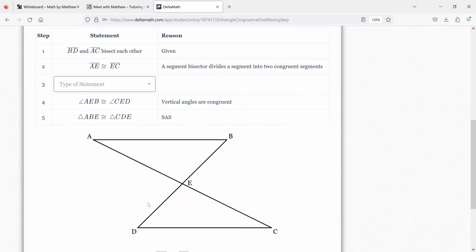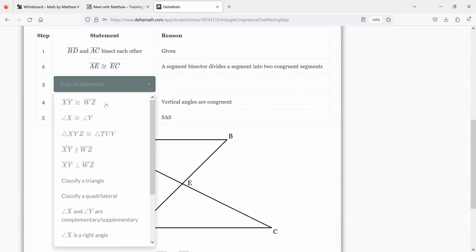We know for sure that DE and EB are congruent because AC and BD bisect each other. And because it's a side angle side proof, we need to show that two sides are congruent and one angle is congruent. We have the angle, but this one has to be the other sides, and it's got all the wrong letters.